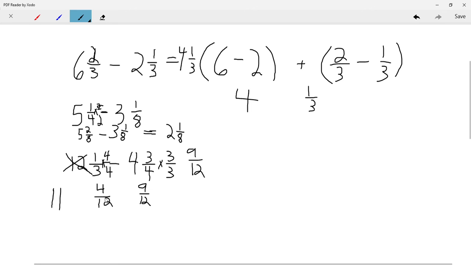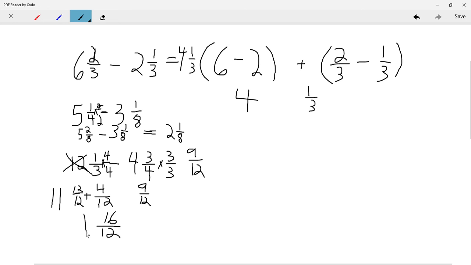And what is a whole in twelfths? Well, a whole is 12 twelfths, right? Any number over itself equals 1. So what we need to do is add 12 twelfths to 4 twelfths, which would then give us 16 twelfths.